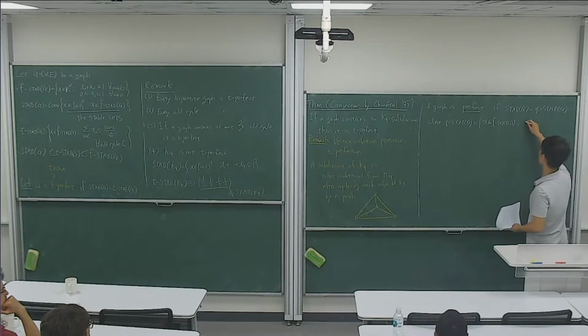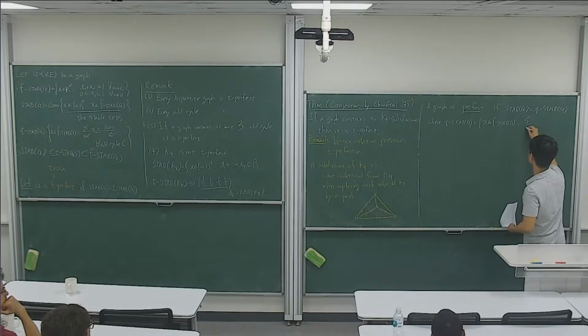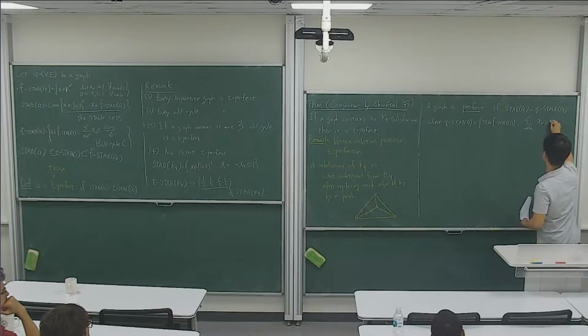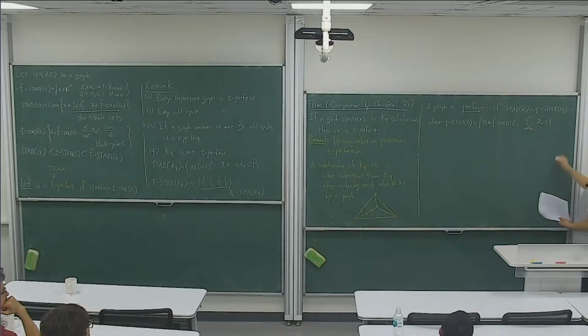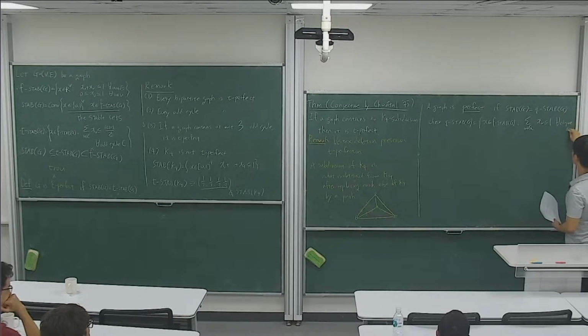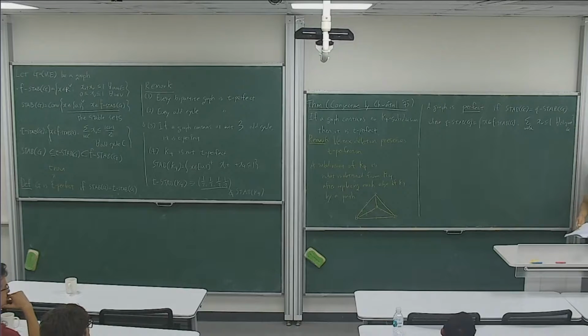You're just adding them. So for each clique, you take at most one vertex. So this is a polytope definition of perfect.